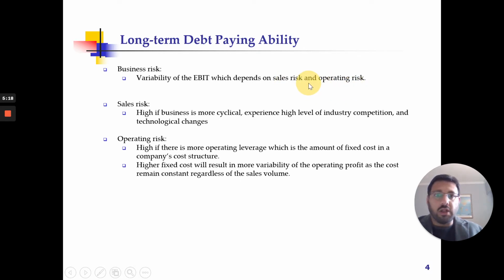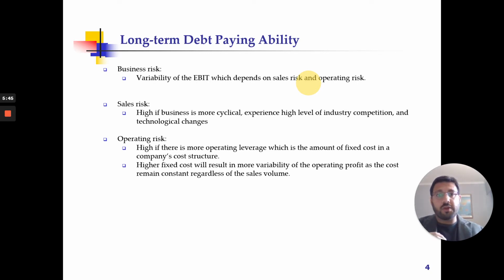Now, all the companies want to borrow more money because these are the cheaper funds available. There is a low risk attached to debt, obviously, and when there is a low risk attached, then obviously the creditor will be demanding less return. In case of equities, the risk is high.